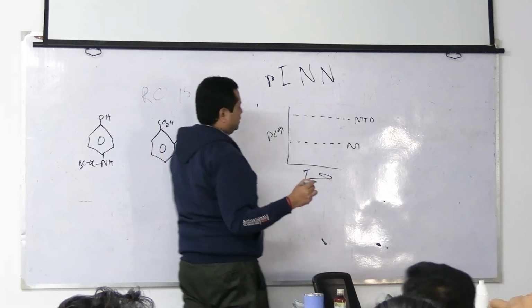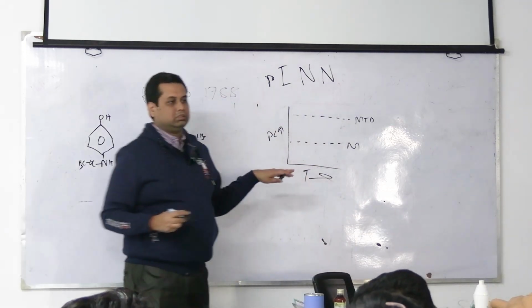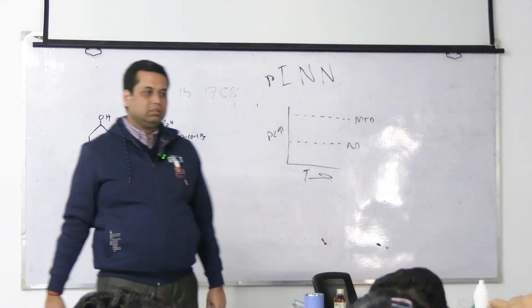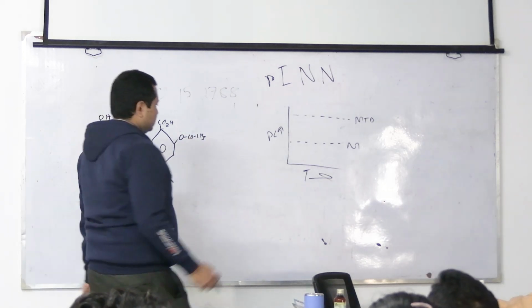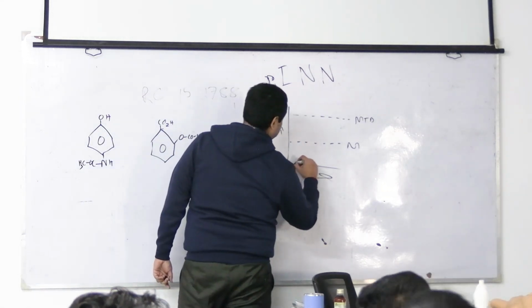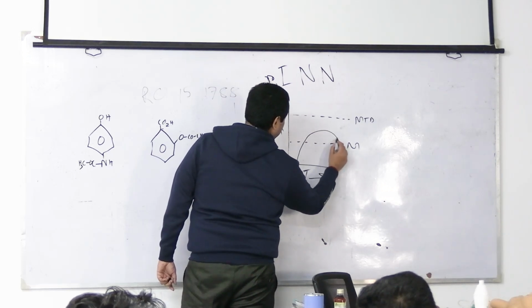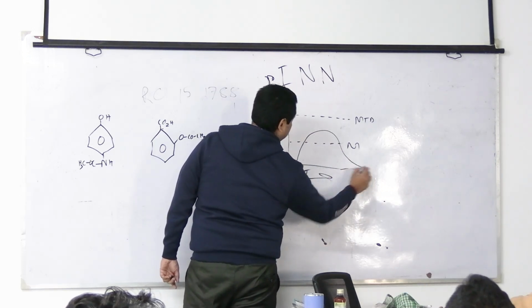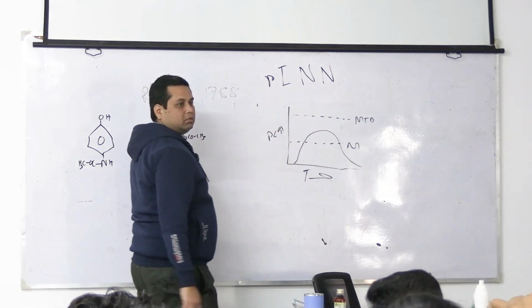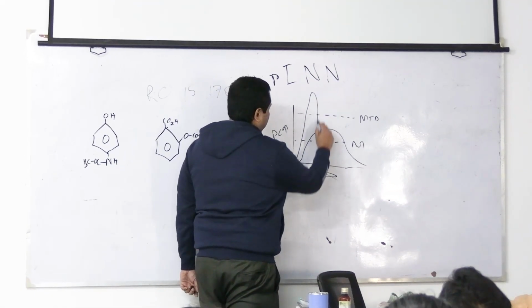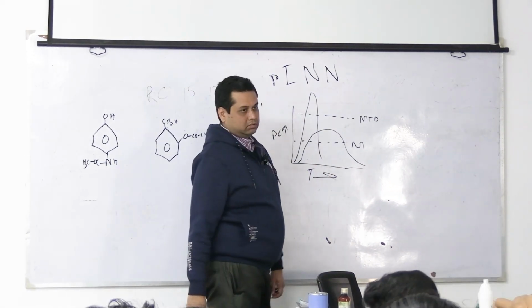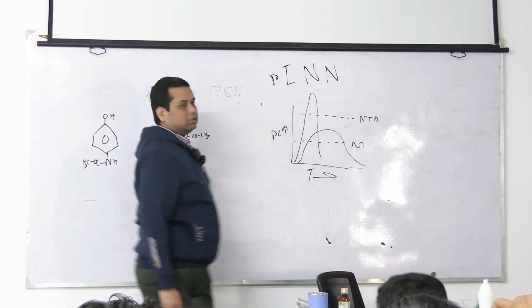Okay? This is the minimum concentration required for pharmacological action. This is the maximum tolerable dose. Suppose the drug that was in the market has a curve like this. New drug comes like this. Will this be acceptable?